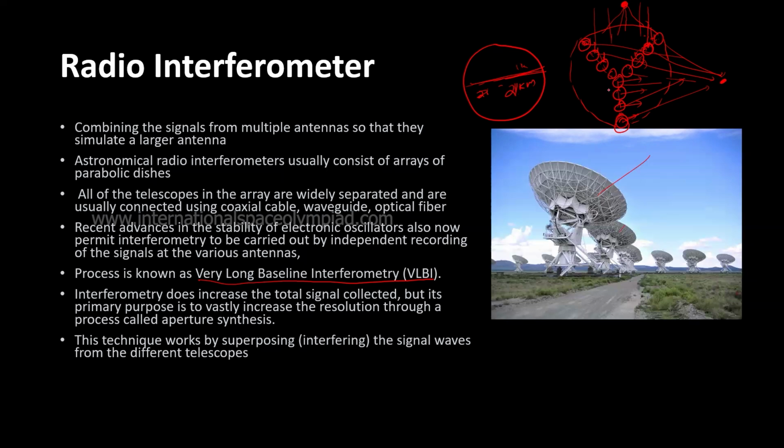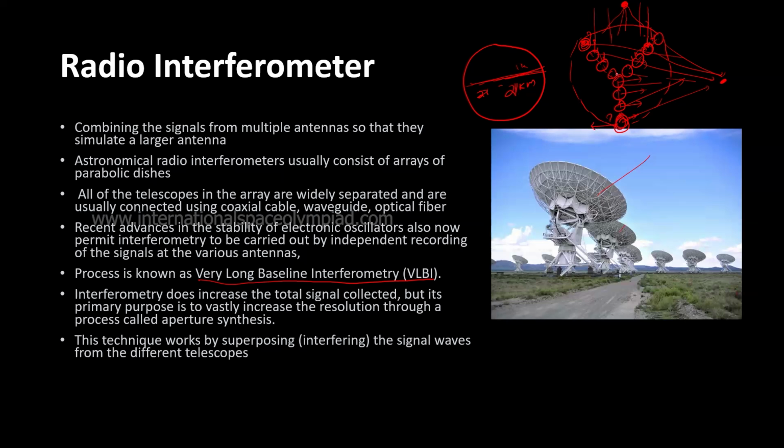So it will get it first and it will get it last. Now when it receives the signal, it will be time coded. Precise time, using atomic clocks, will be recorded along with it: at what time this telescope received it, and at what time that one received it. So we have the signal as well as the exact time at which it was received.